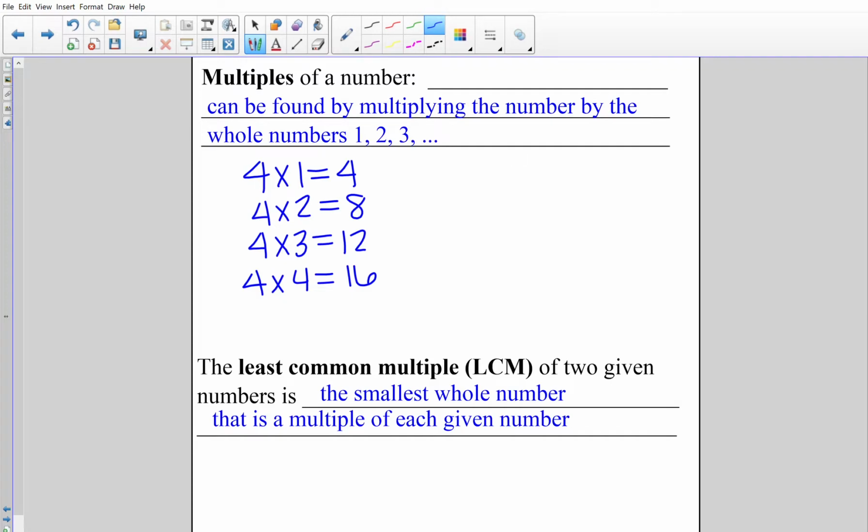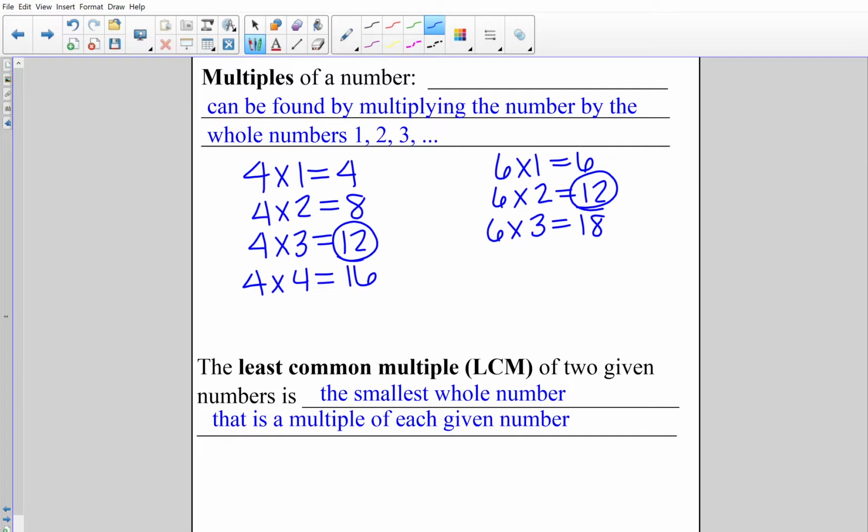So let's do an example where I have a 6. I'm going to do 6 times 1, I have 6. 6 times 2, 12. 6 times 3, 18, and so forth. Now, if I look at this, I can see that I have a 12 in this column and a 12 in this column.